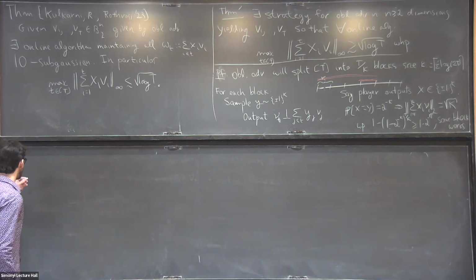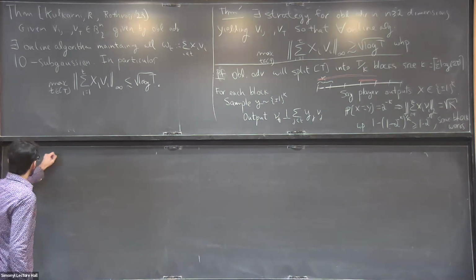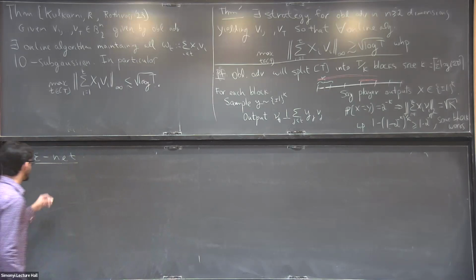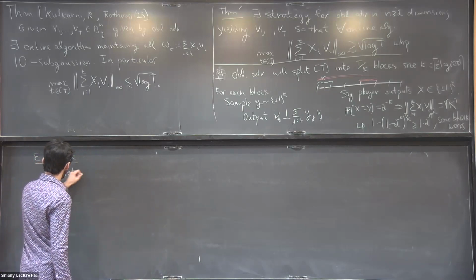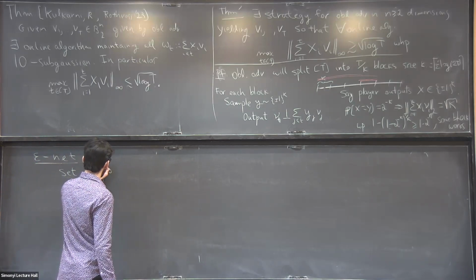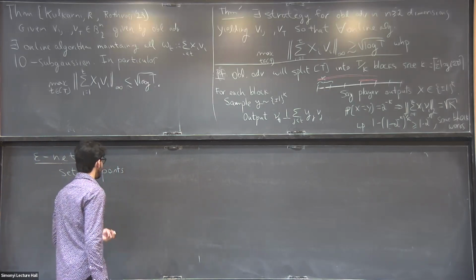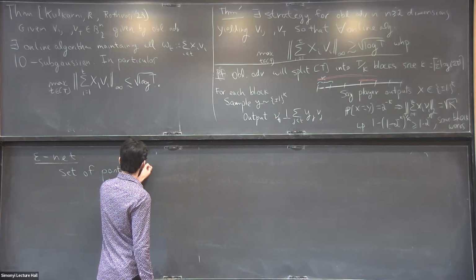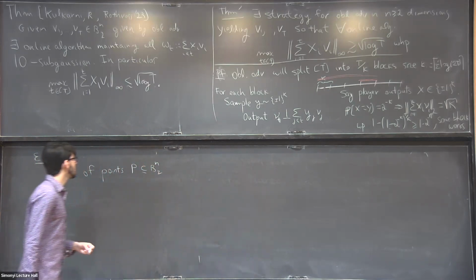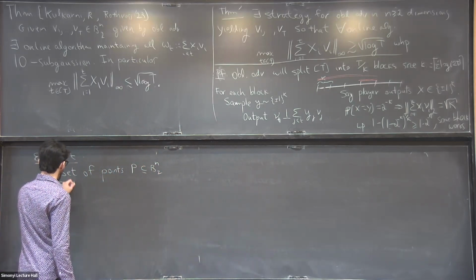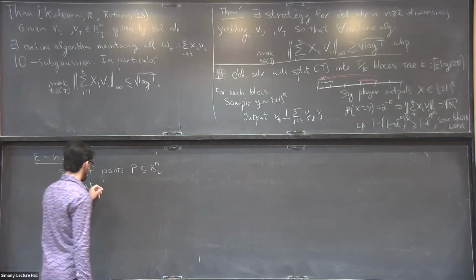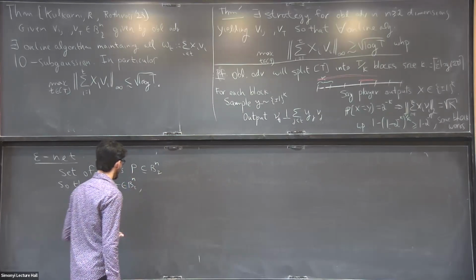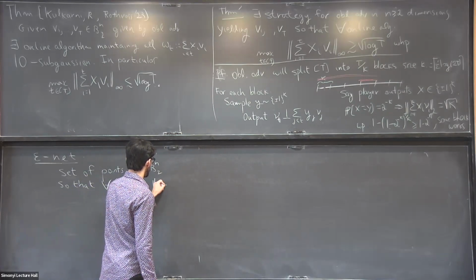Most of you probably already know what this means, but just to make sure everyone is on the same page. An epsilon net is a set of points, let's call it P, in the unit ball, so that for every unit vector you can find someone close to it.